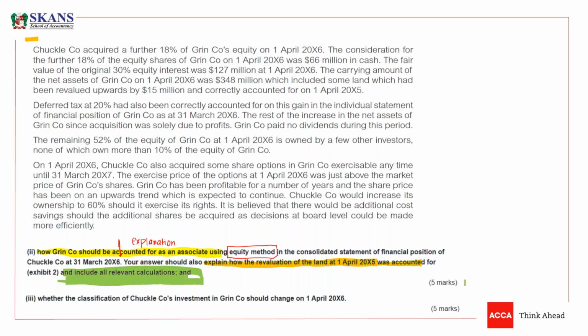Only 5 marks are there. So if you multiply this with 1.8 or 1.95, you will see that you have to solve this question in 8 to 9 minutes. Keeping in mind the time, you have to talk about all these things. You can summarize this explanation, and you can summarize the calculations in one line.